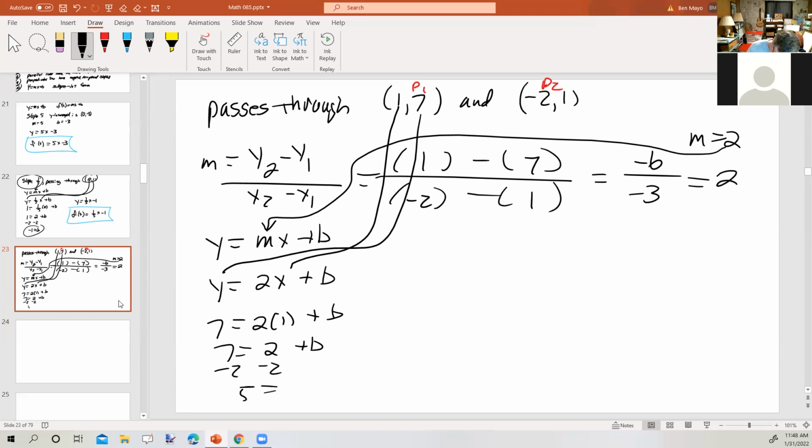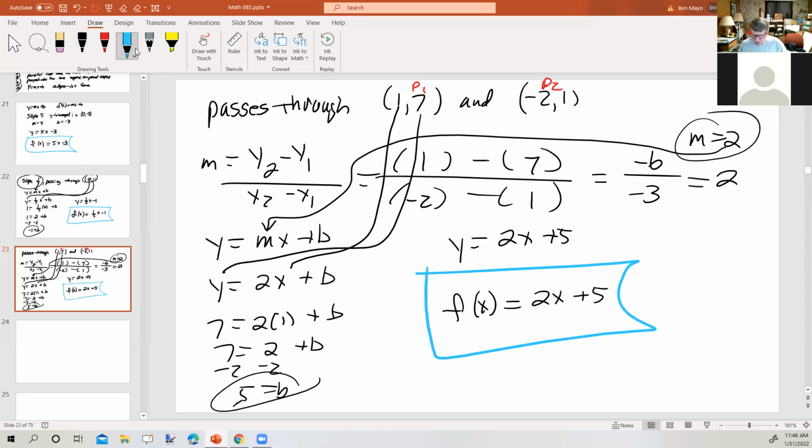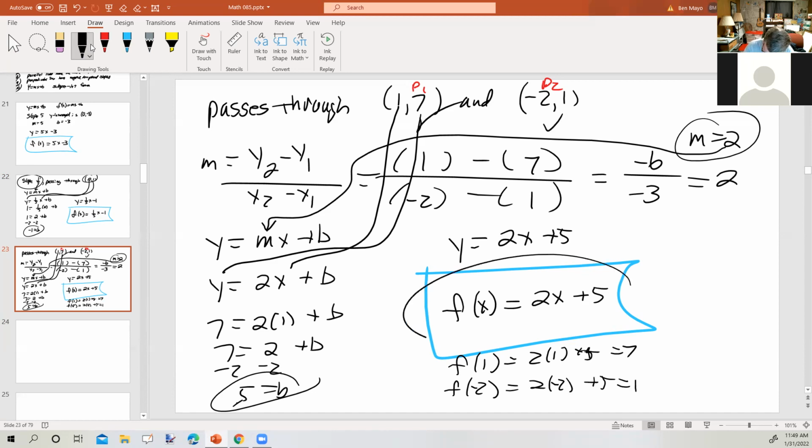Subtract 2 from both sides. b equals 5. So the slope is 2. The y-intercept is 5. y equals 2x plus 5, or f of x equals 2x plus 5. Let's check our work. What's f of 1? f of 1 is 2 times 1 plus 5, which is 7. What's f of -2? f of -2 is 2 times -2 plus 5, which is 1. Check, check, check.